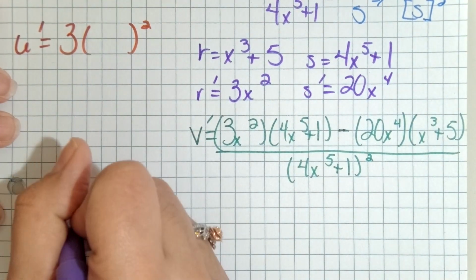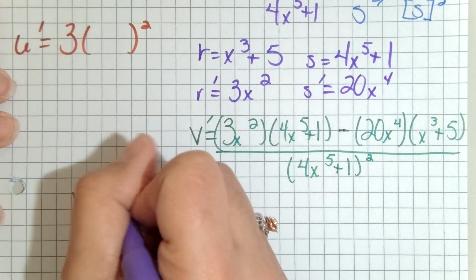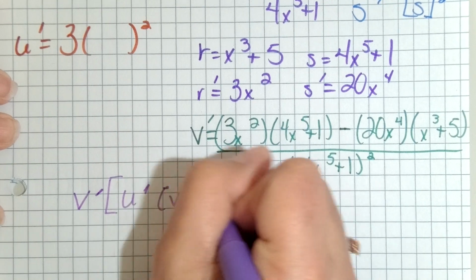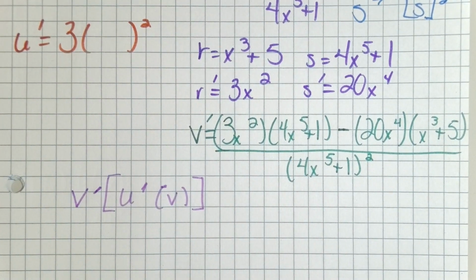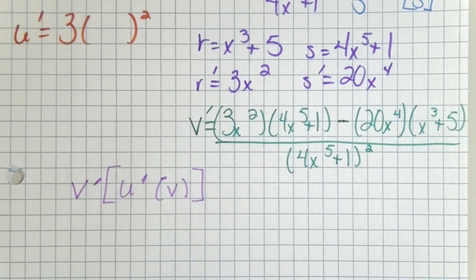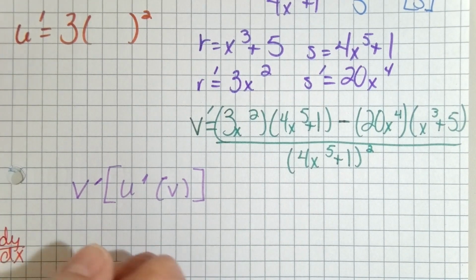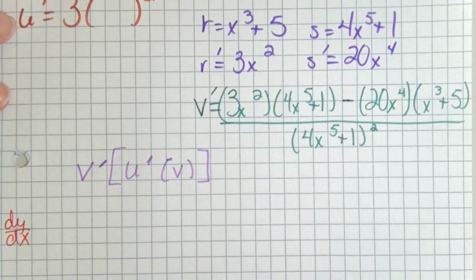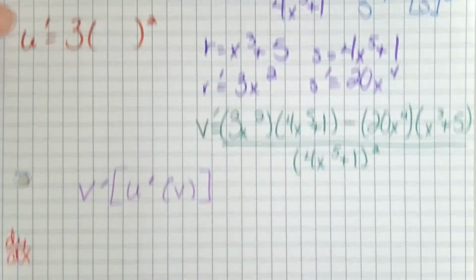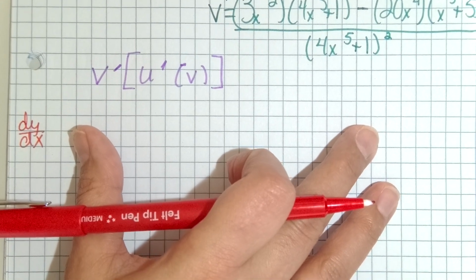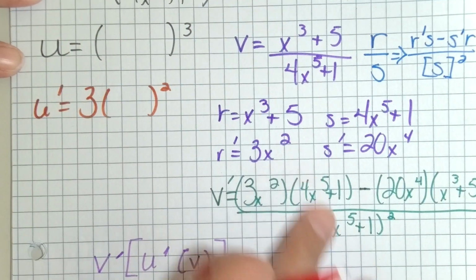So our chain rule is V prime, U prime, V. As Ronaldo said, it is going to be dy dx because it's y equal to. I'm trying to put this up so people can see, but you're going to have to reference your notes on where I'm getting these things from, okay?